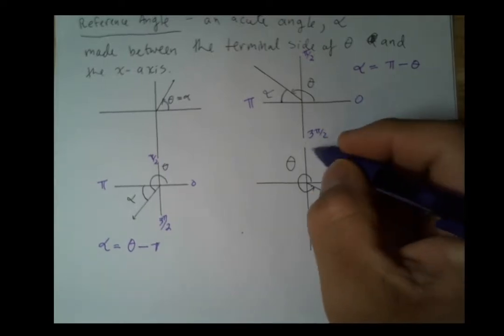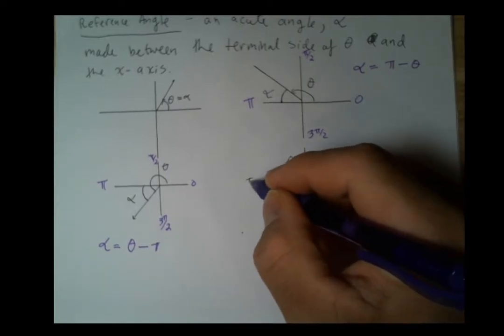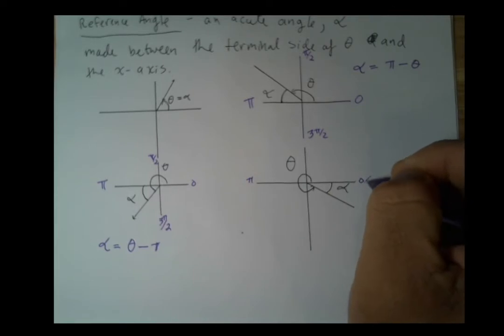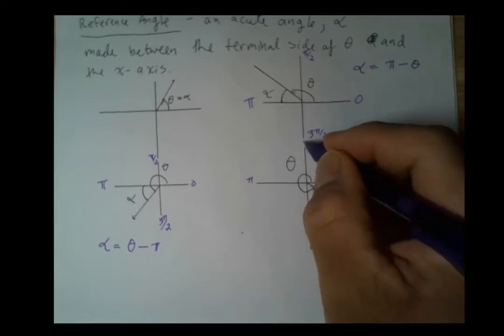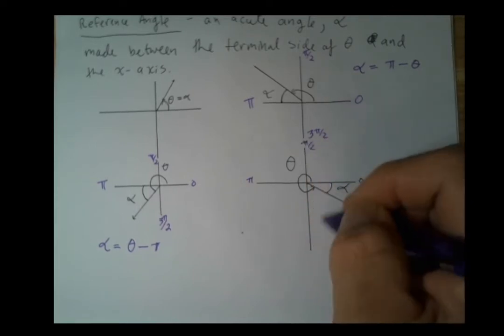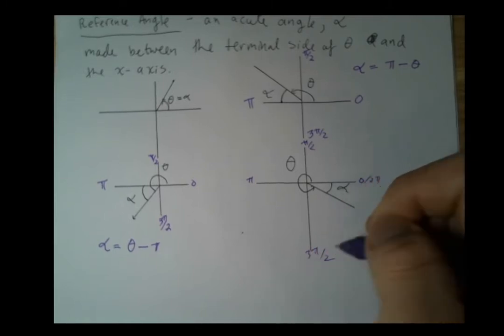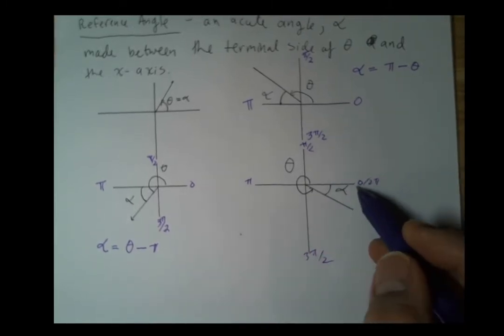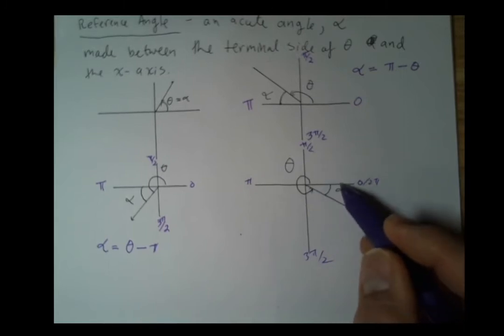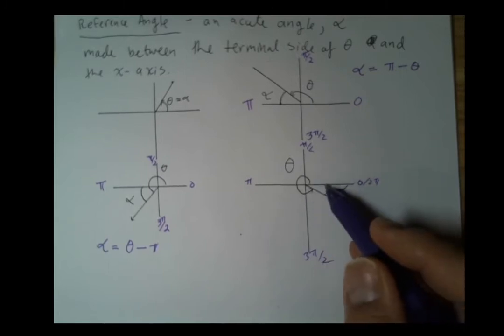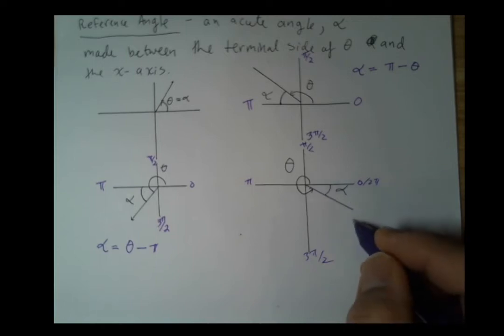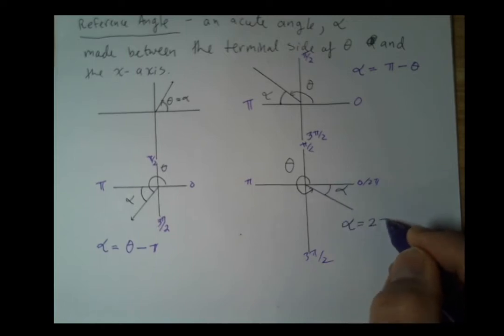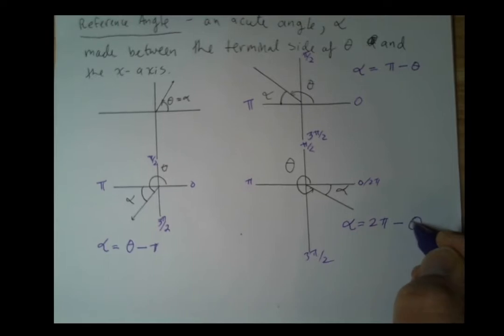And for angles in the fourth quadrant, 2 pi would be one full revolution here, but theta isn't quite a full revolution. In this case, to find alpha, it would be 2 pi minus theta.